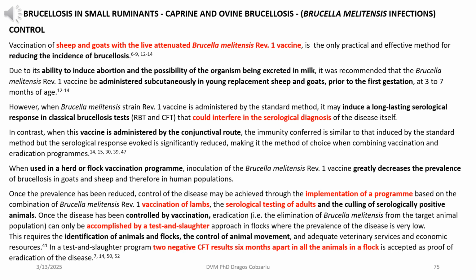This requires the identification of animals and flocks, the control of animal movement, and adequate veterinary services and economic resources. In a test and slaughter program, 2 negative CFT results 6 months apart in all the animals in a flock is accepted as proof of eradication of the disease.